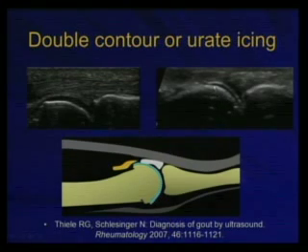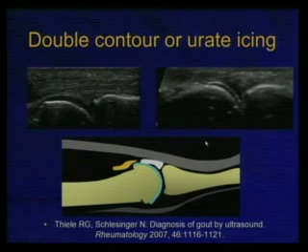In this patient with gout, you can see the cortex of the metacarpal head, the hyaline cartilage, and then the crystal deposition. This is called double contour sign, which is very specific for gout.